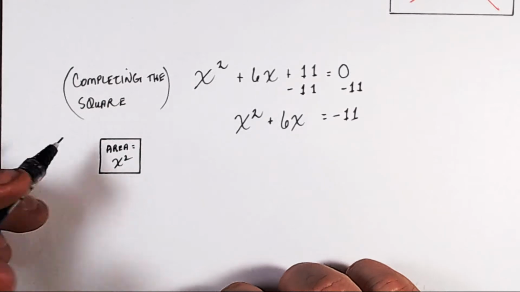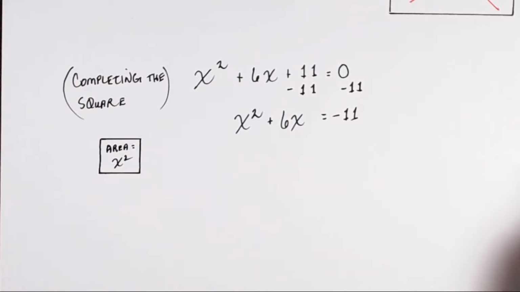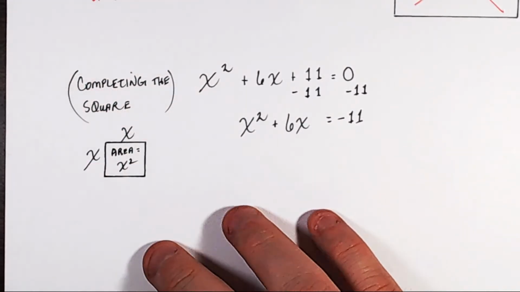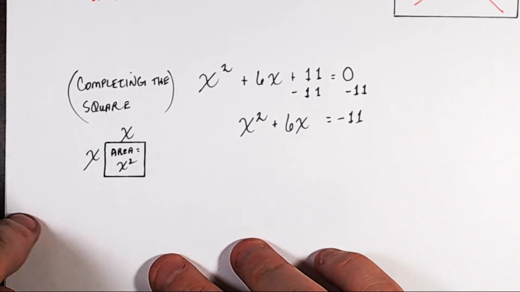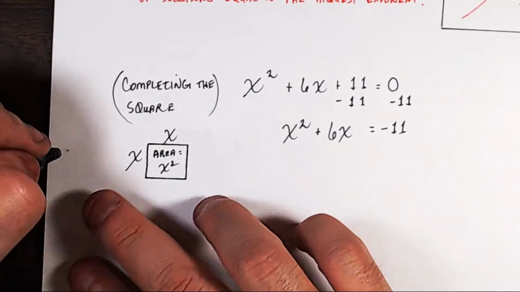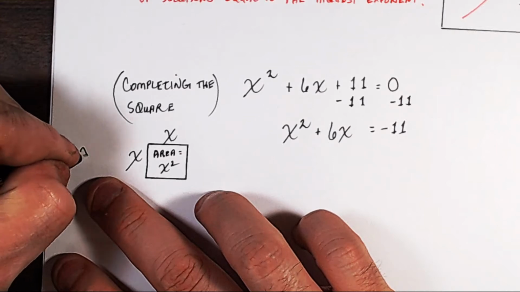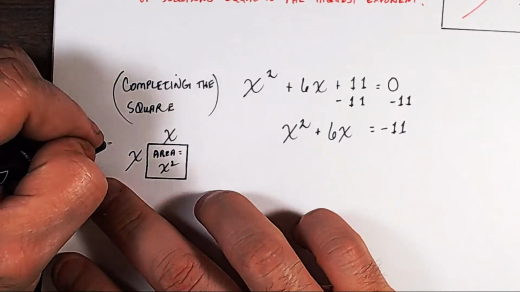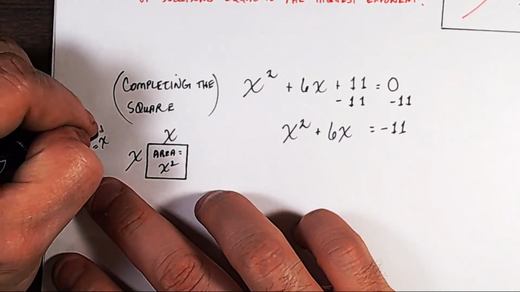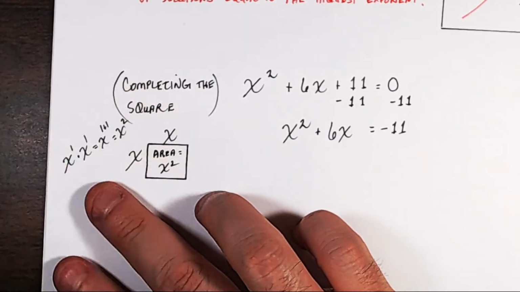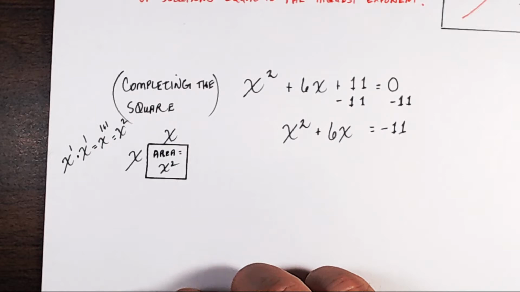So what side lengths would multiply together to give me x squared? Well, x times x. X times x is x squared. If you need a quick brush up on that, we have x raised to the first power times x raised to the first power equals x raised to the 1 plus 1 power, which equals x squared. That's what's going on there.